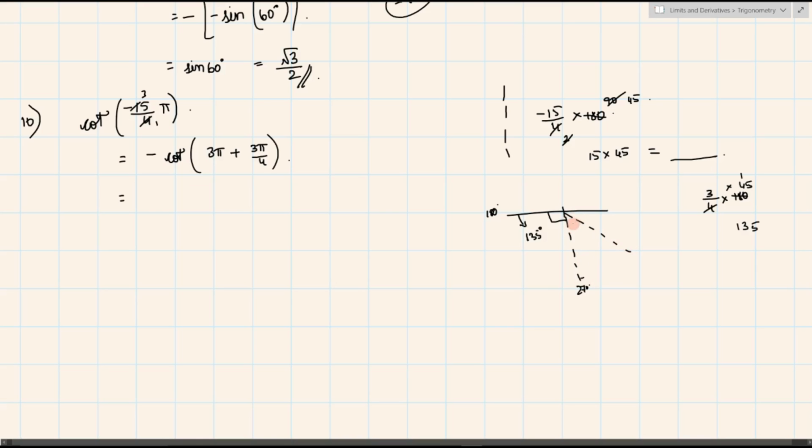So this is nothing but minus 45 degrees. We are in the fourth quadrant, where cot is negative, so we'll have minus of minus cot 45 degrees. This is positive cot 45, that is nothing but 1.